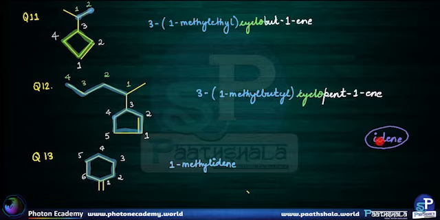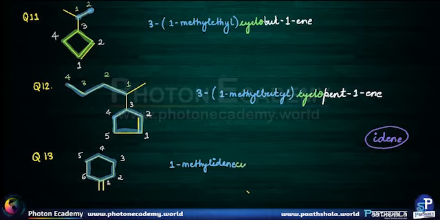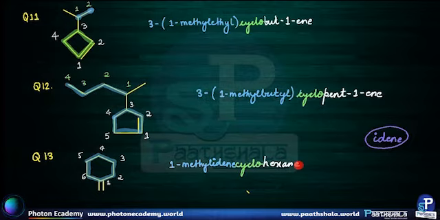Remember this: whenever such kind of problems come, your substituent is a methyl substituent that's attached with a double bond, so you always add this idene to your prefix. The further naming will be methylidene, cyclo and hexane. So this is the correct IUPAC name for this compound, and this is a really important compound.